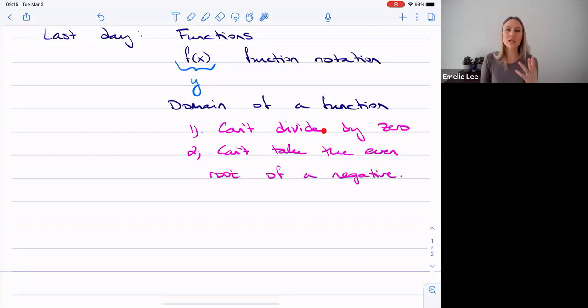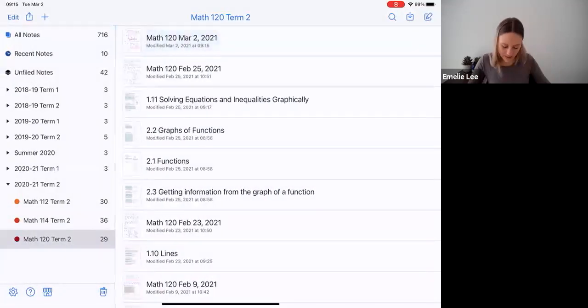In that case, I need to make sure I can't divide by 0. I need to pull out any values of x that make me divide by 0 from the domain. And are there any square roots? If not, great. If there are, then I need to make sure that I'm not taking the square root of negative numbers, okay?